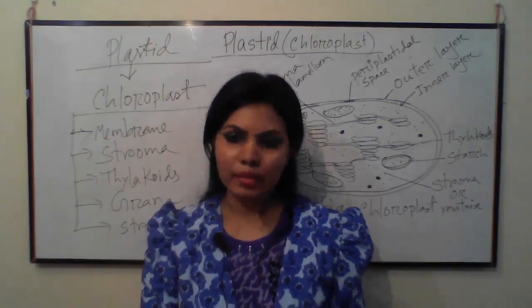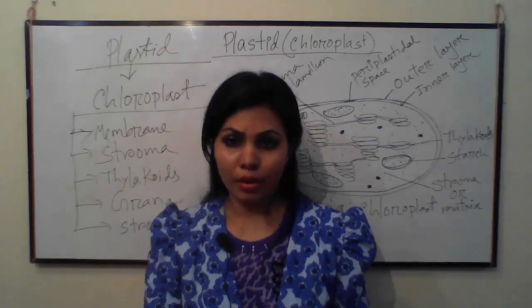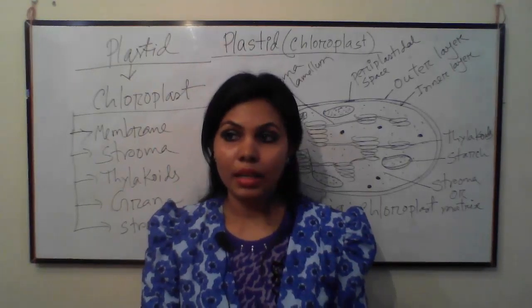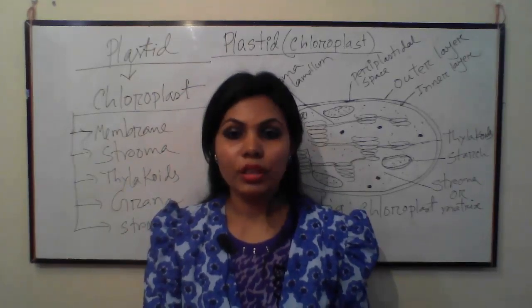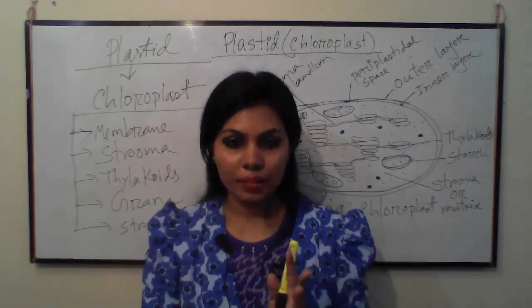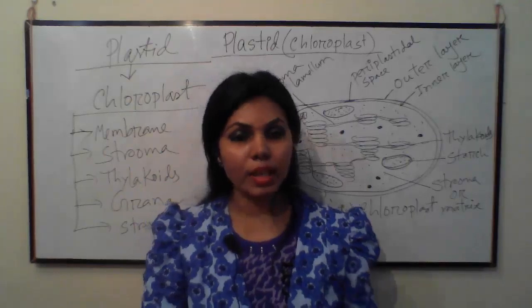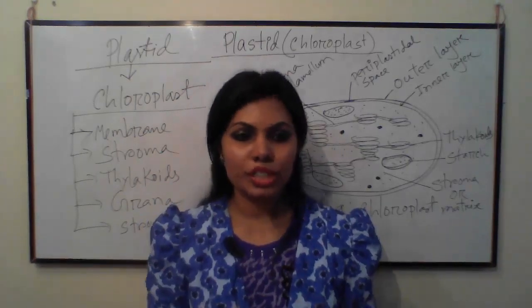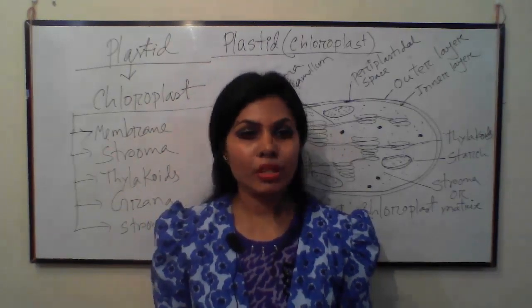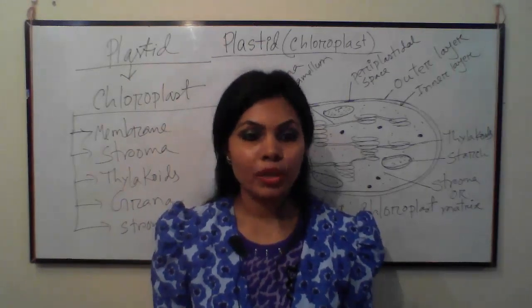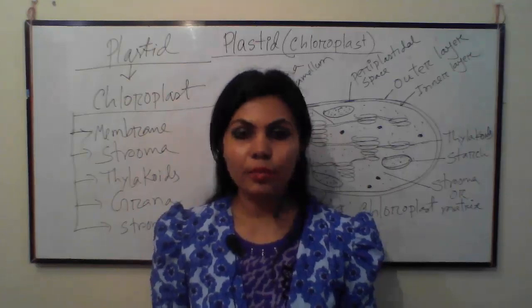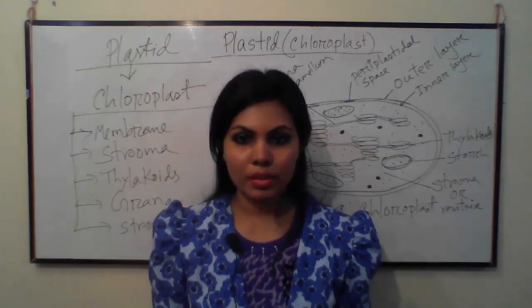Chromoplast is found in the parts of flowers, because this pigment attracts the agents for pollination. Chromoplast is found not only in flowers but also in fruit, to attract the agents to do seed dispersal.